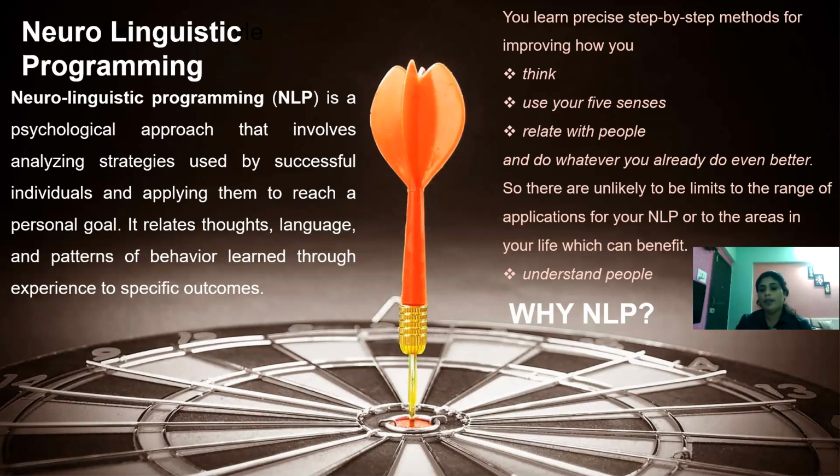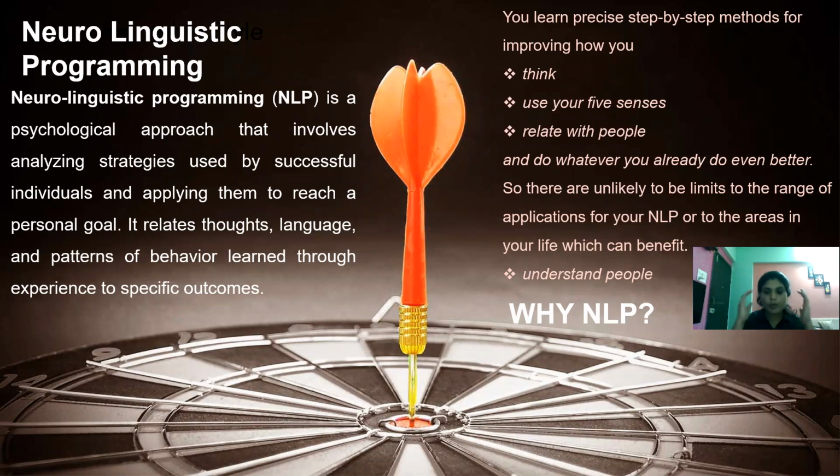Now, whenever we are dealing with neuro linguistic programming, of course, it's a completely different course, and it takes time to understand NLP. But for the sake of this session, we'll just understand in short what we are going to see in NLP: how you think, how to use your five senses, how you relate with people, all those small things, understanding people for any kind of outcome you want in your life.